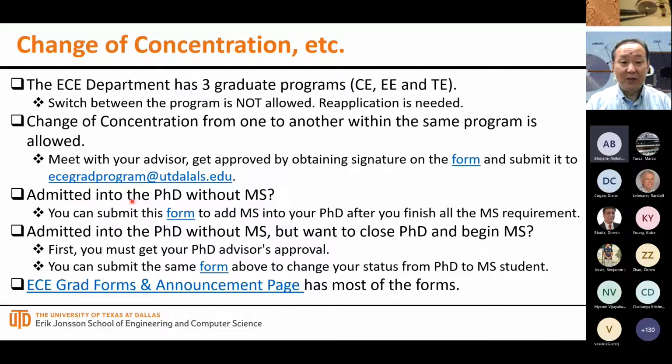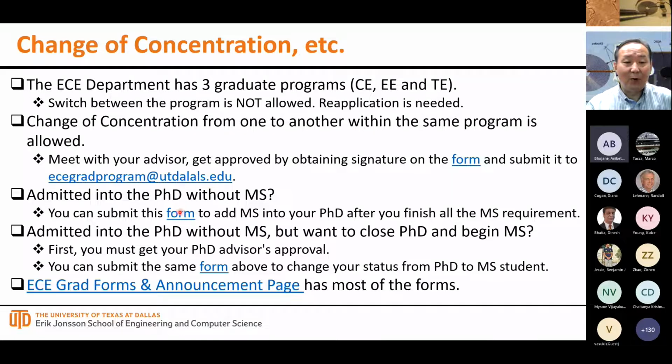If you are admitted into the PhD program without a master's degree, you must be a very highly achieved, academically excellent student. In that case, you can just add a master's degree during your PhD.